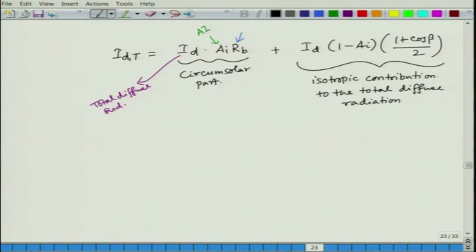So, we have now introduced a little more complexity, and we have now divided the diffuse radiation part into two parts. One is isotropic contribution, the other one is circumsolar contribution, and to find out that distribution, we have introduced one parameter which is called anisotropy index, and it depends on the cloudiness or the aerosol content of the atmosphere, or rather the condition of atmosphere dictates what the anisotropy index will be.